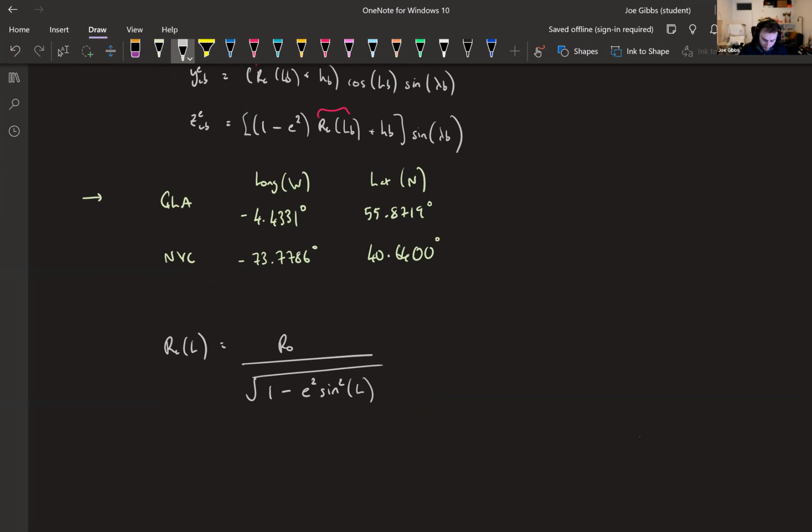We're only focusing on the latitude values here, the north values. That's one thing I struggle to remember, which way around they are, but latitude is the one that has north or south, and longitude is west or east.